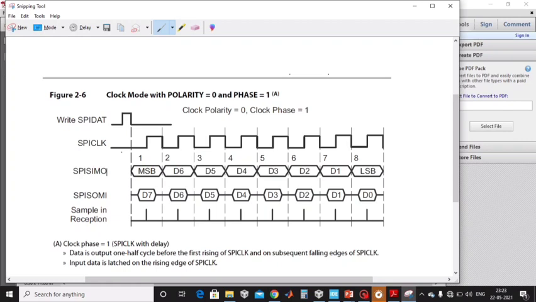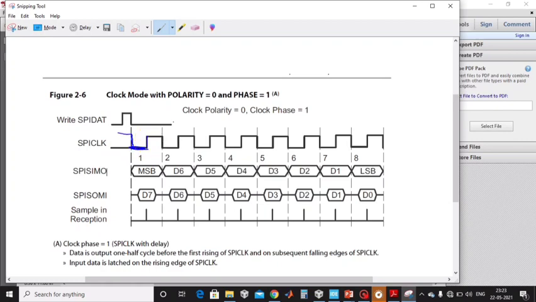Now you can see that in phase 1 the clock is 180 degrees delayed from the data, so you can assume that there must be a falling edge here. This is not actually there, but we are assuming this. So there must be a falling edge here like this.